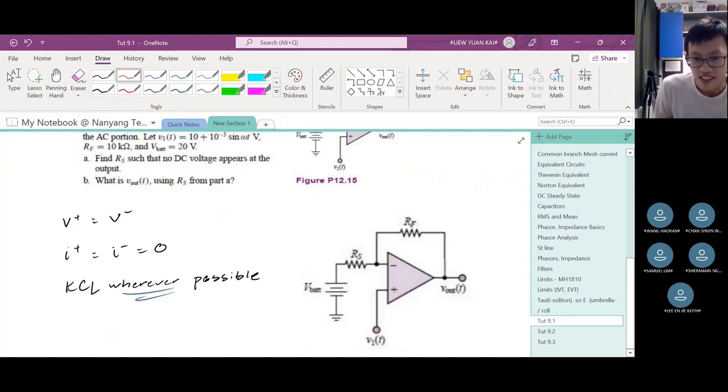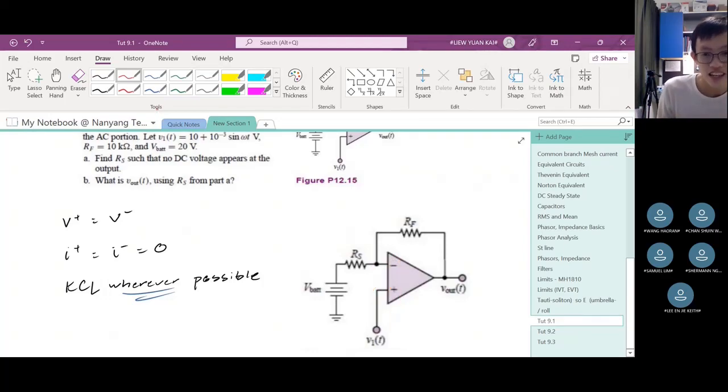As far as this course is concerned, the voltage at the positive terminal, which is over here, so this whole node voltage, will be equal to the negative terminal of the op-amp. Always. This is always the case for ideal op-amps in our course. So V plus equals V minus. This is a fact of ideal op-amps.